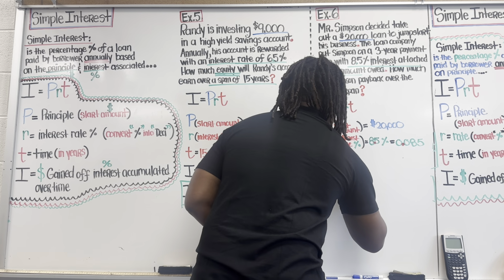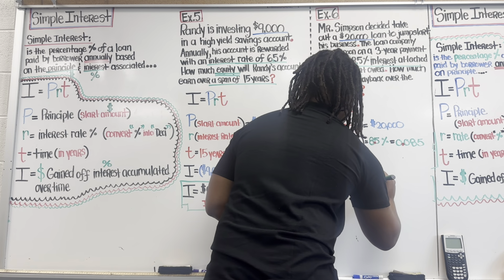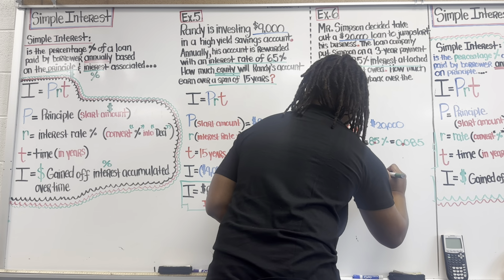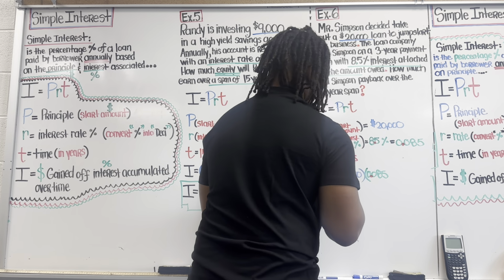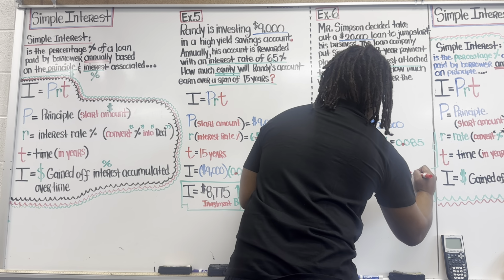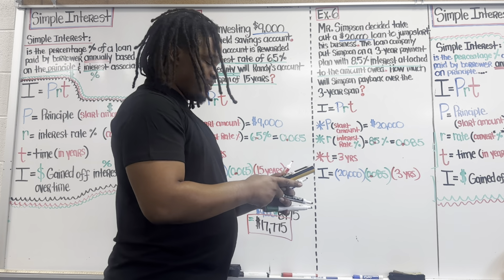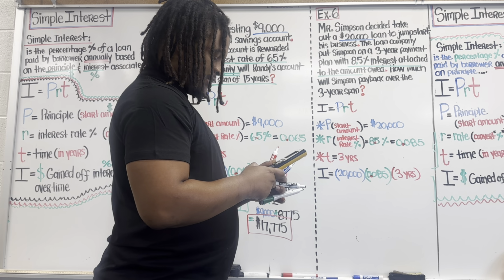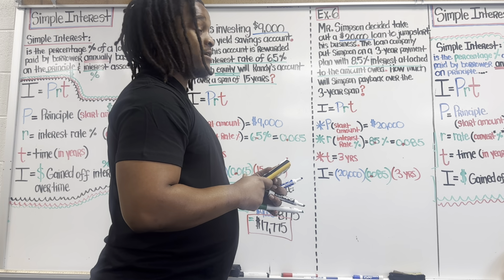P equals $20,000, so that's 20,000, times the interest rate of 8.5%, but we're going to write it as a decimal, which is 0.085, times 3 years. Now all you have to do literally is take a calculator and multiply those three values together. So we have $20,000 times 0.085 times 3 years equals $5,100.